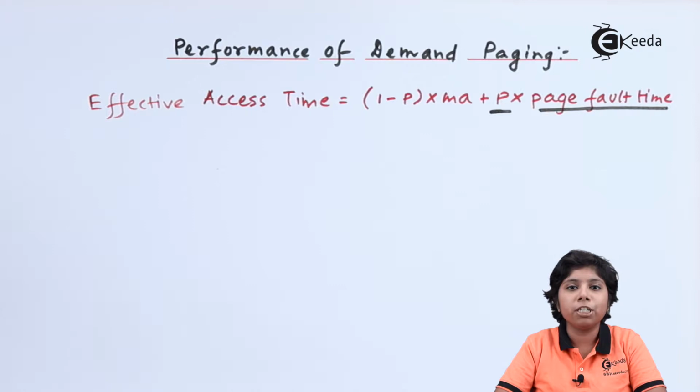Fifth, we issue a read from the disk into a memory frame. To do that, first we wait in the device queue until the read request is serviced. Next, we wait for the device seek and latency time for the I/O completion.